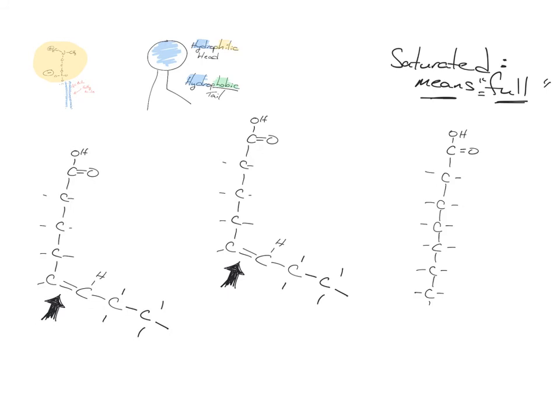So this one here, I'm going to put in red. This is unsaturated, oh, I'm sorry, excuse me, unsaturated fatty acid. You have to be able to tell the difference between these. That's why I'm spending this time on it. This one over here is called a saturated fatty acid.